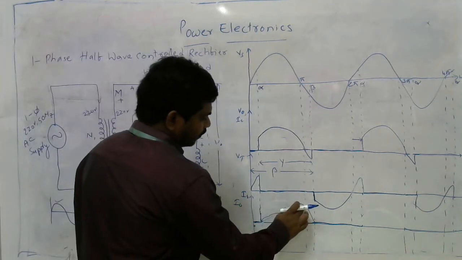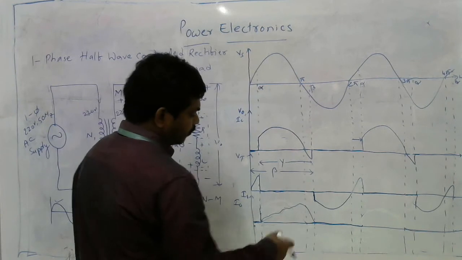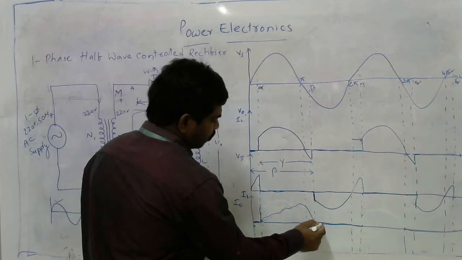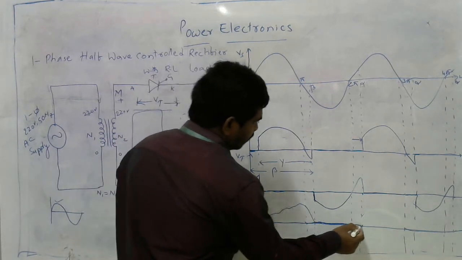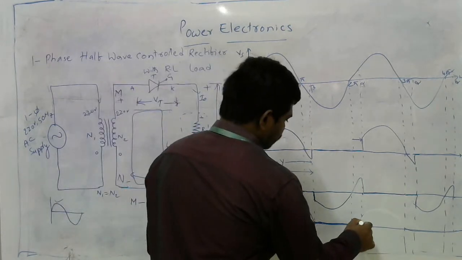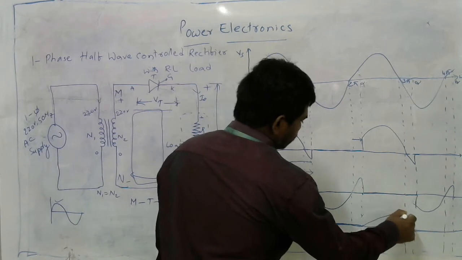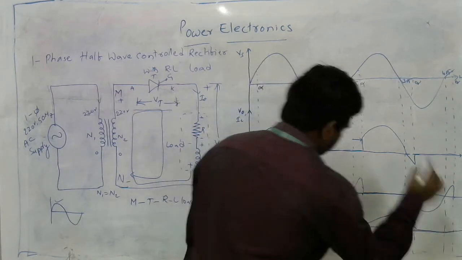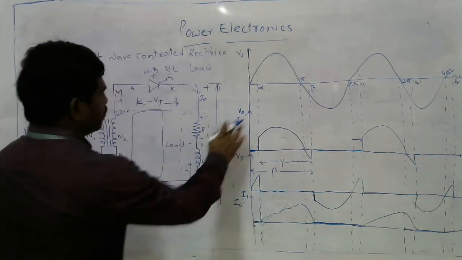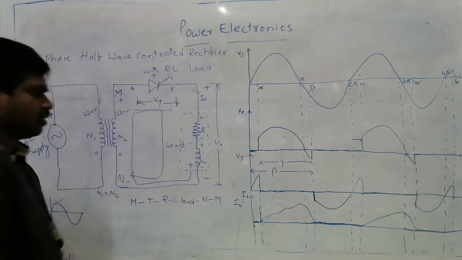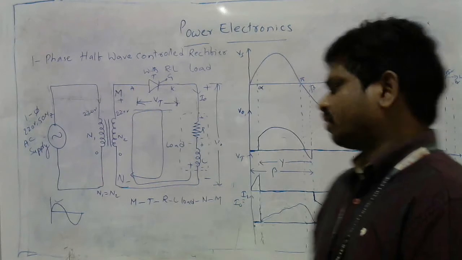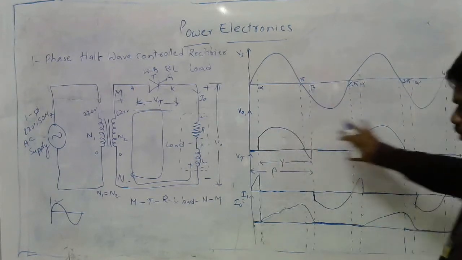Up to pi the inductor stores the energy, and thereafter it releases the current to the circuit. That's why we are getting this. After that there is no current to flow, until 2 pi plus alpha, when the current flows again. So we can see both the output current and the source current. See the change in the waveforms when we go from R load to RL load.